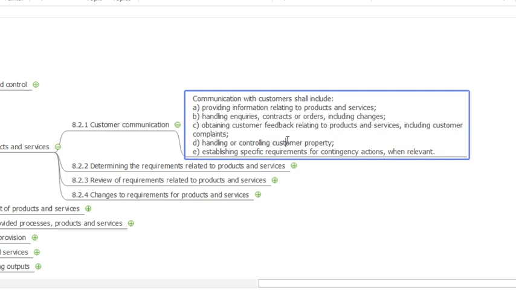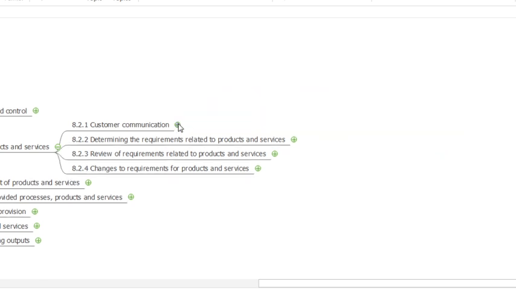These are considered customer property. Establishing a specific requirement for contingency action where relevant, whether we have this or not. Customer communication directly affects the marketing part, which means the marketing person has a role in this section.